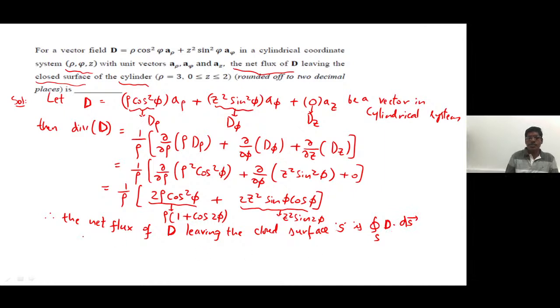So this is a surface integral, which by Gauss's divergence theorem becomes the integral over v of the divergence of that vector d dv.